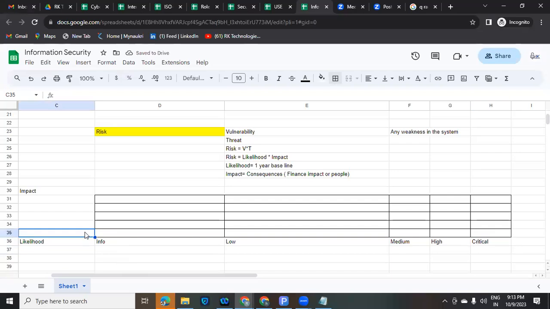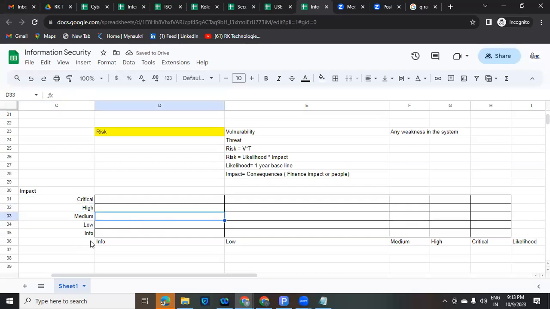In a similar way, impact side: informational, low, medium, high, last but not least, critical. I'll put likelihood here, don't confuse: x-axis likelihood and y-axis impact.